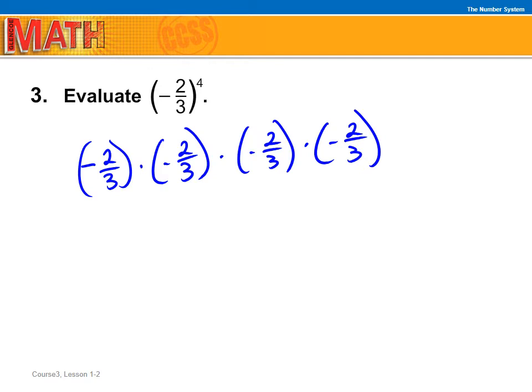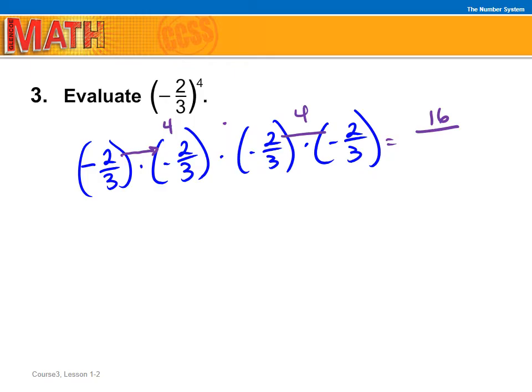And as you know, with multiplying fractions, you're just going to multiply across. So negative 2 times negative 2 is positive 4. And we know the same thing over here, negative 2 times negative 2, positive 4. Multiply 4 times 4, we get 16 as our numerator.